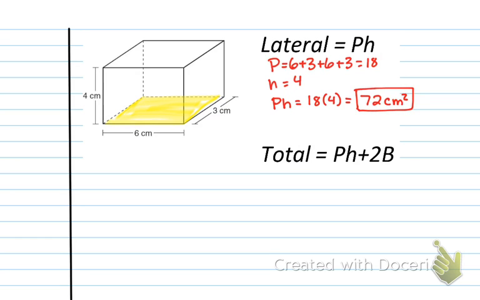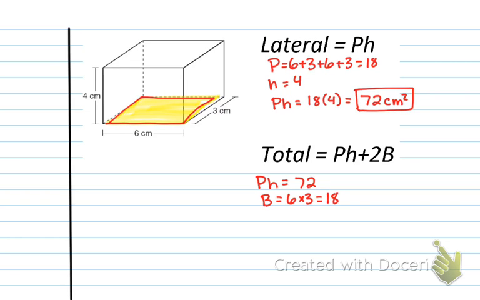Our total surface area, we're going to have pH, which we already found. It's 72. We need to find our base. Remember, capital B is going to be our area of the base. This is our base right here. So our area will be 6 times 3. And 6 times 3 is going to give us 18.